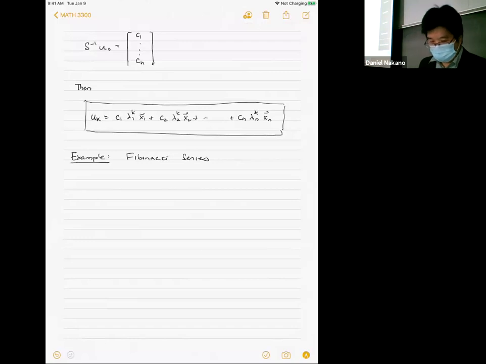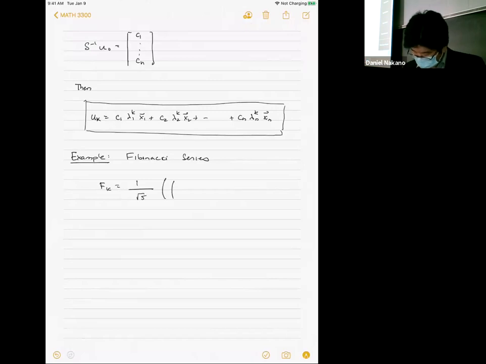For the Fibonacci series, we had F_k equal to 1 over square root of 5 times ((1 plus square root of 5) over 2, the golden ratio, to the k) minus ((1 minus square root of 5) over 2 to the k).